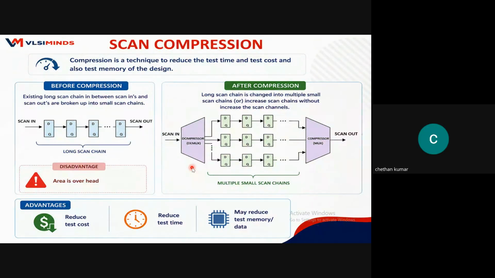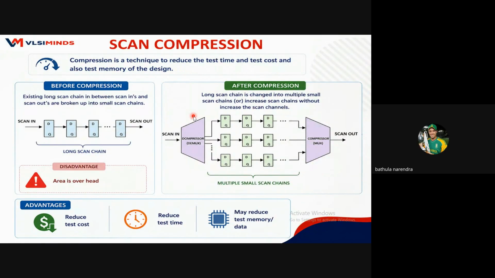The advanced concept in the DFT era is SSN. When the number of EDTs is very high, testing all of them takes a lot of time, so to reduce the test time and test data volume, we go with SSN. That is another technology to overcome the EDT limitation.